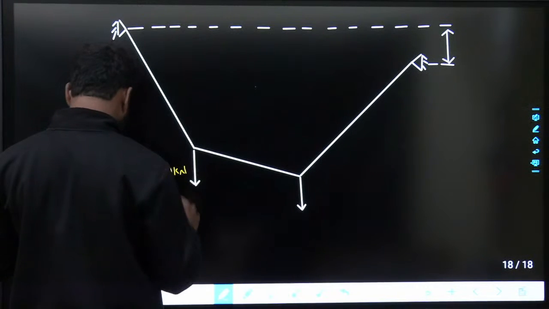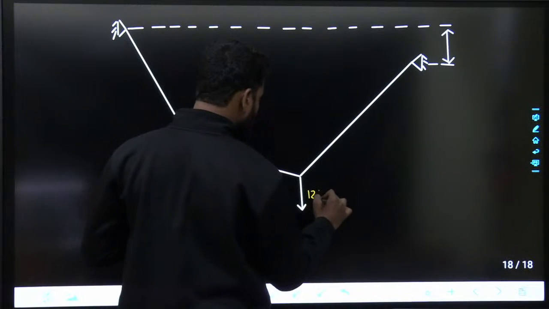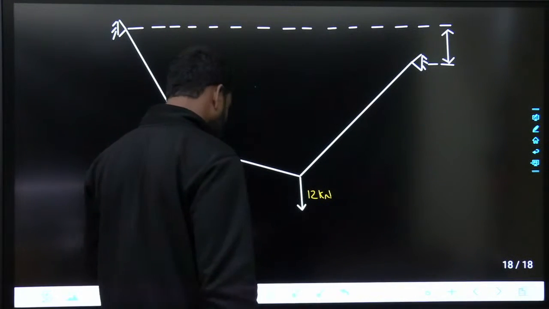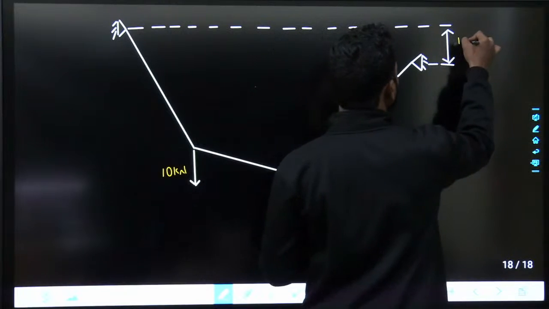Ten kilonewtons, and this one is 12 kilonewtons, and this one is 1 meter.